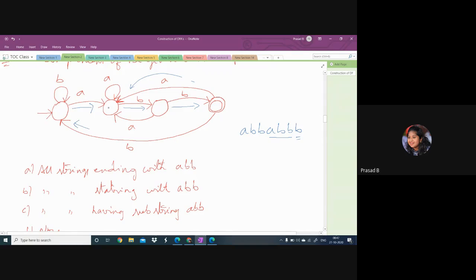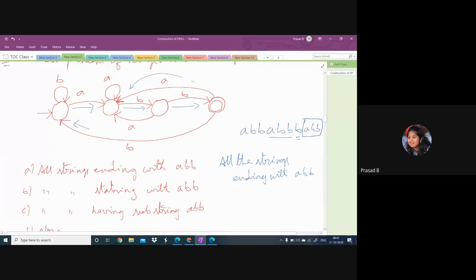From initial, how can it come to the final? On ABB. So this automata accepts all the strings ending with ABB.